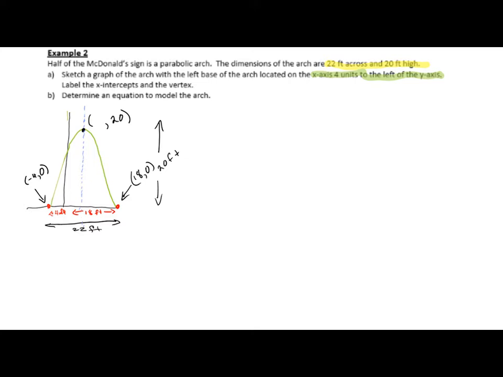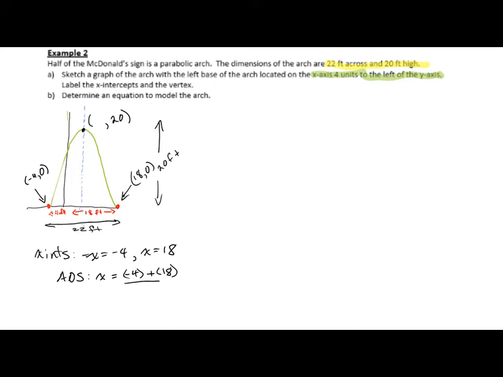And to get our axis of symmetry, all we do is we take our 2 x-intercepts, which are -4 and x equals 18. Now in order to find the axis of symmetry, what we have to do is we have to add those 2 together and divide by 2. So I'm going to put my -4 in brackets plus 18 in brackets.